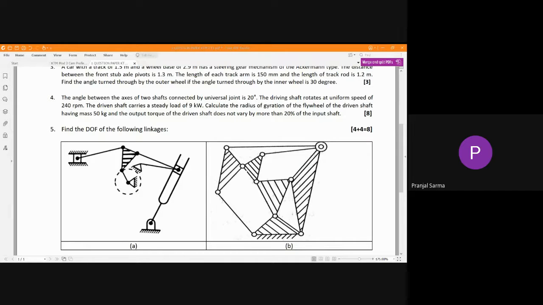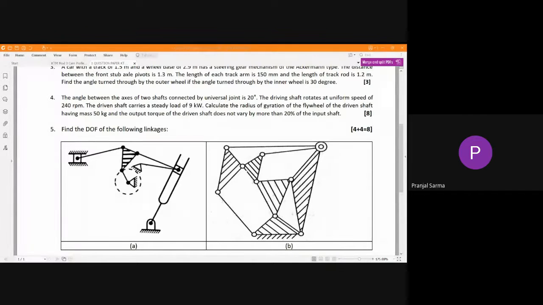For that you need to find out the radius of gyration of the flywheel on the driven shaft, whose mass is already given, and the torque variation is given, maximum 20%. You just have to consider that 20% variation, and from I equals mk square you'll be able to use it. That m is already given, k you need to find out.